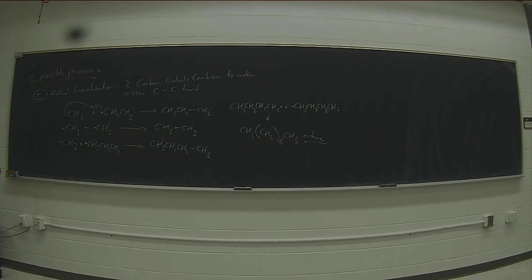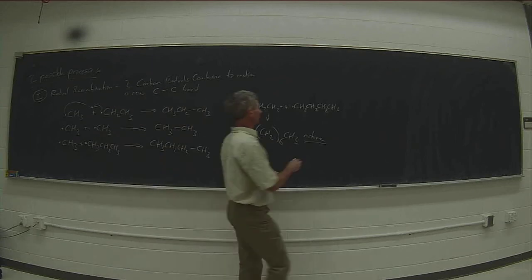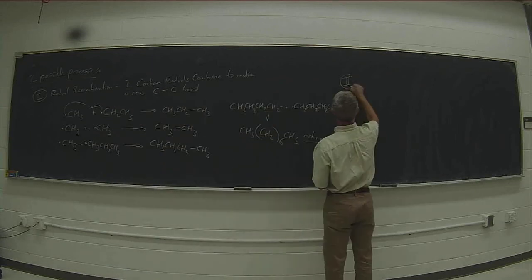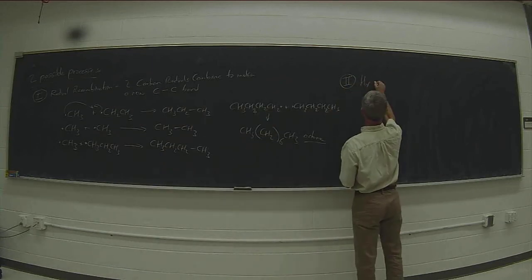That's radical recombination. It's simply a bond reforming from the opposite process of the original bond breaking. The second process that's possible is what we refer to as hydrogen abstraction.